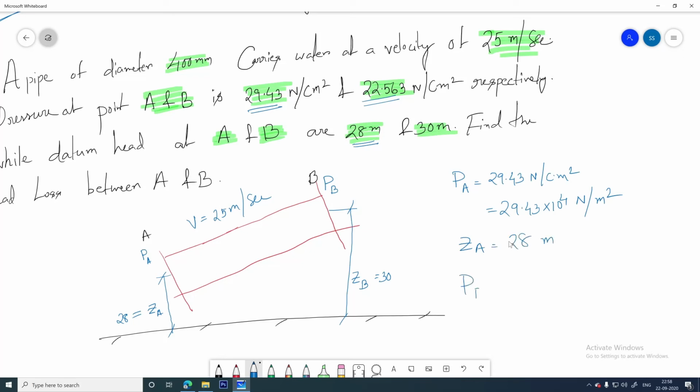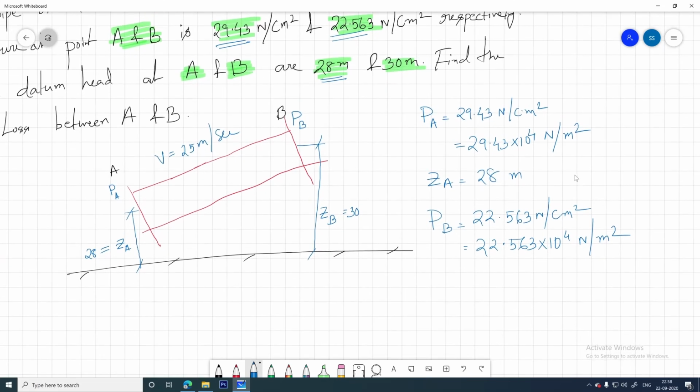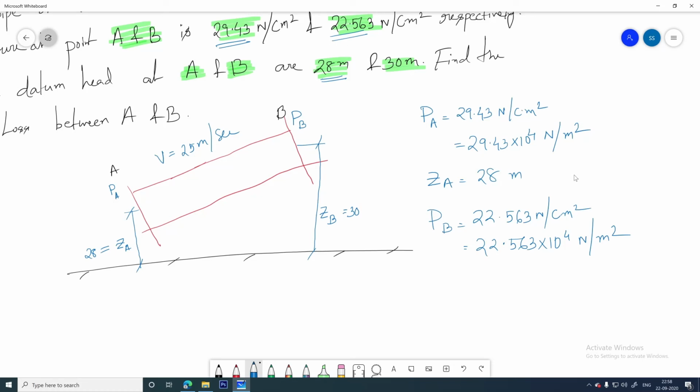Now PB is 22.563 Newton per centimeter square. We can convert this into 22.563 into 10 to the power 4 Newton per meter square. And similarly ZB, what is the value of ZB? ZB is given, that is 30 meter.